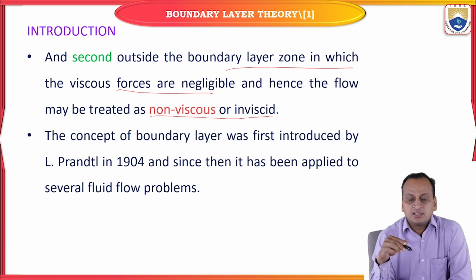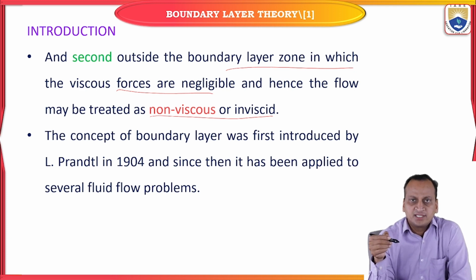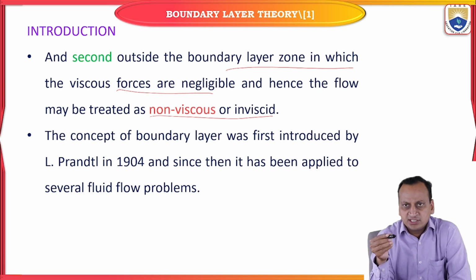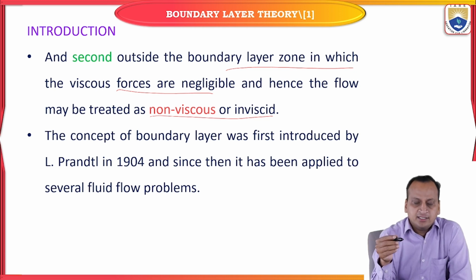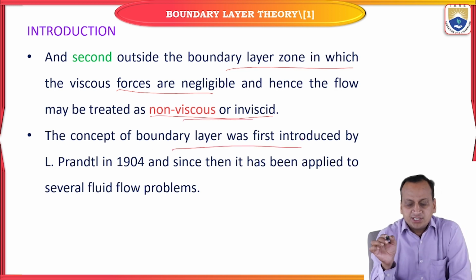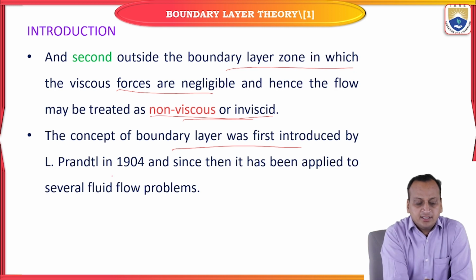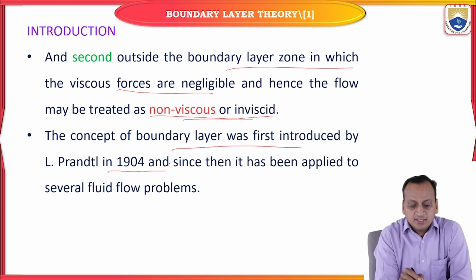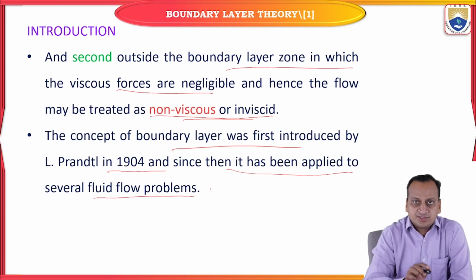In the first region, predominant viscous forces are considered, and that is referred to as viscous flow. Above that, viscous forces gradually become negligible, and it is called non-viscous flow. The concept of a boundary layer was first introduced by L. Prandtl in 1904, and since then it has been applied to several fluid flow problems.